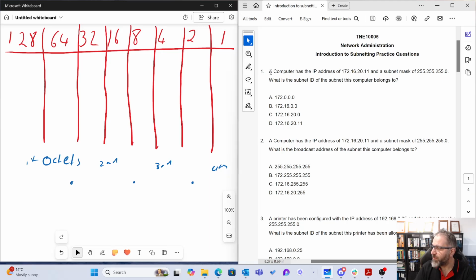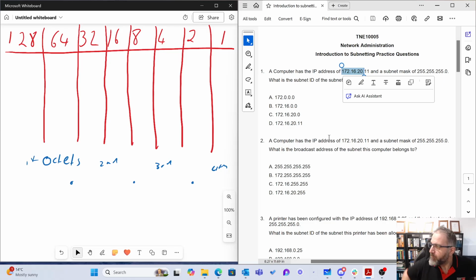The first one is: a computer has the IP address of 179.116.20.11 and a subnet mask of 255.255.255.0. What is the subnet ID? Well, this is a piece of cake. This one's easy. The answer is really easy because if we look over here, it actually gives us the answer straight away. 255.255.255 means that straight away, that right there is the subnet ID.